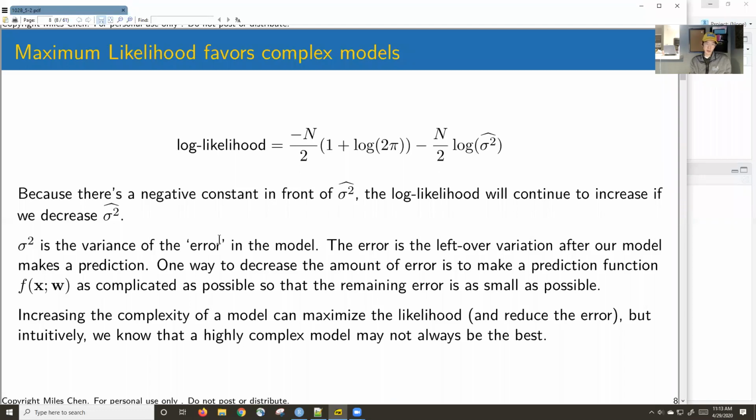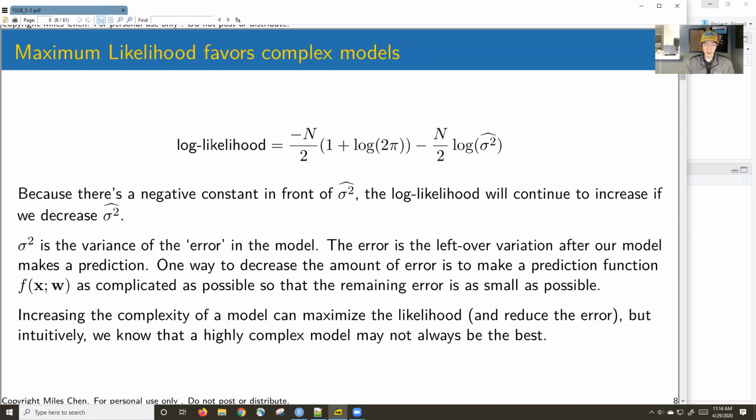One way you can decrease the amount of error is to make the function that makes your prediction as complicated as possible. If you keep making your prediction function more complicated so that there's less error, then the remaining error will be as small as possible, and then you'll maximize your likelihood function.